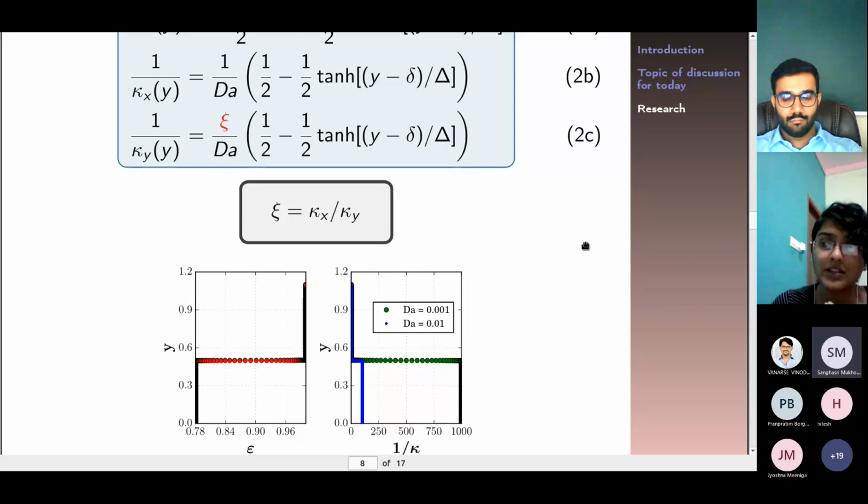That means the interface between the porous and the liquid layer almost behaves like a rigid one, because there is not much exchange of fluid between the porous and the liquid layer if we have a higher anisotropic value.